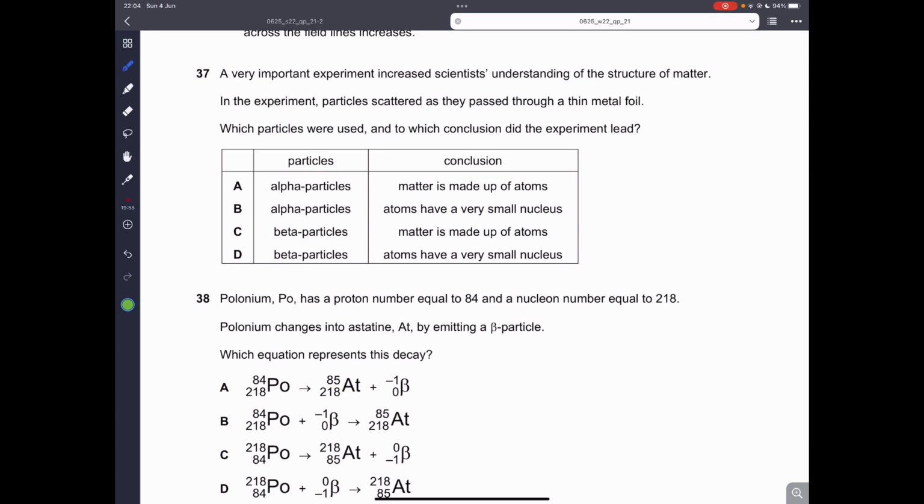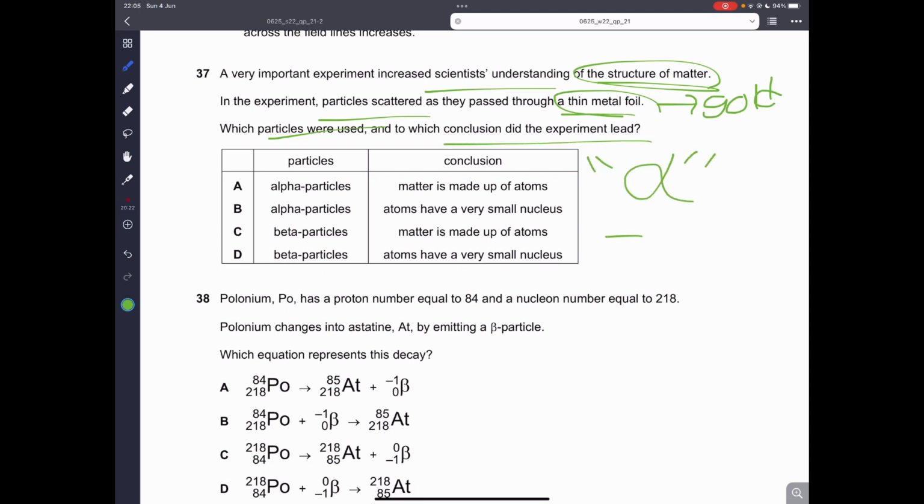37. A very important experiment increased scientists' understanding of the structure of matter. In the experiment, particles were scattered as they passed through a thin metal foil. This is typically a gold foil, and this experiment is called the Geiger-Marsden experiment. So which particles were used? They used alpha particles because they had a positive charge.